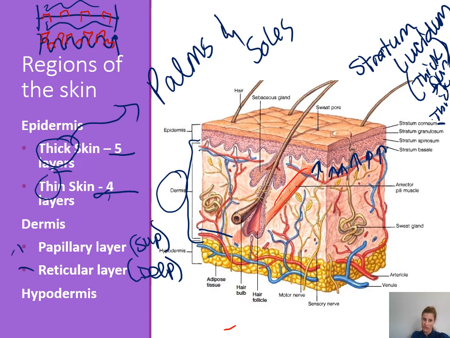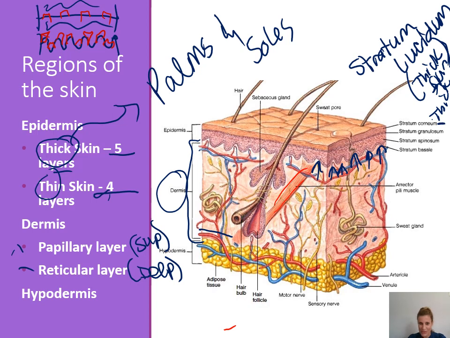The staples are still the same distance apart, but now instead of 4, I have 1, 2, 3, 4, 5, 6, 7, 8. I have doubled the number of hemidesmosomes, or little protein staples, holding those two layers together. So that's why those ridges are present that create that curvy line between the epidermis and the dermis. It increases surface area and allows for a stronger attachment.